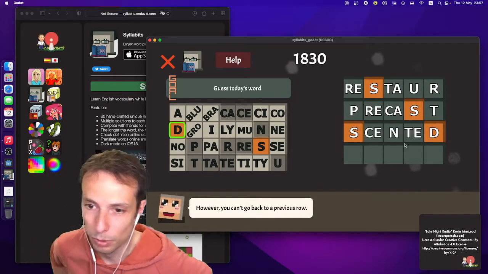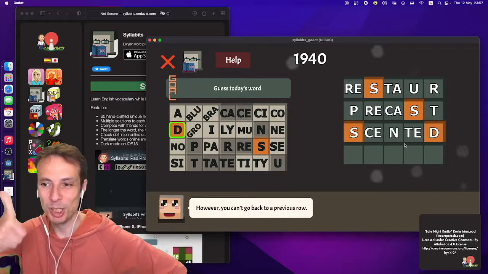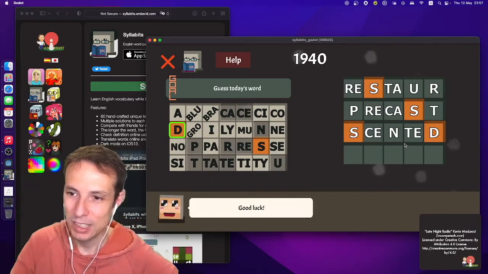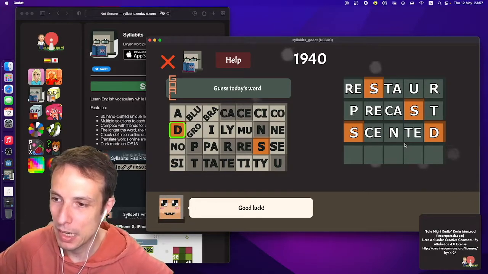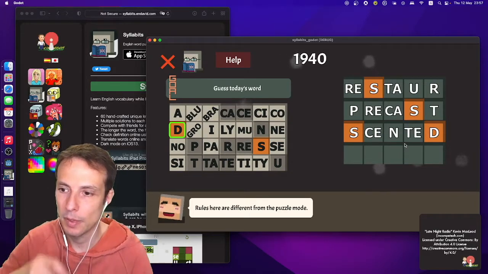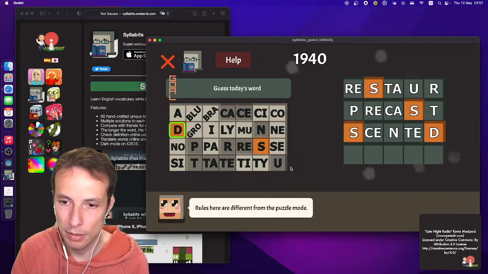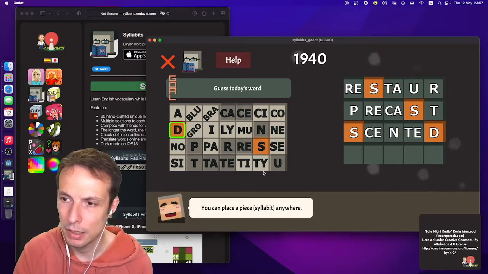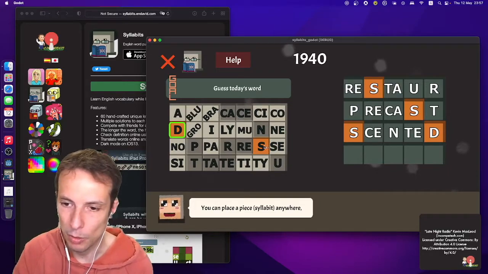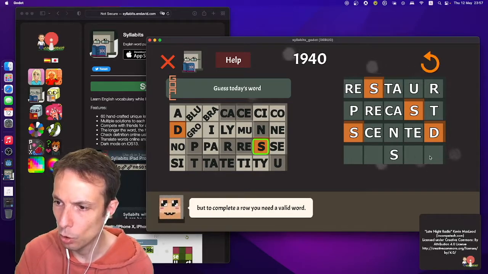Good, it's not going badly. So we found the S and D, and we've discarded even more blocks. It doesn't end in D, so now the S must be either here or here.